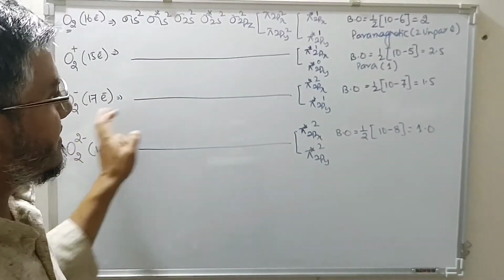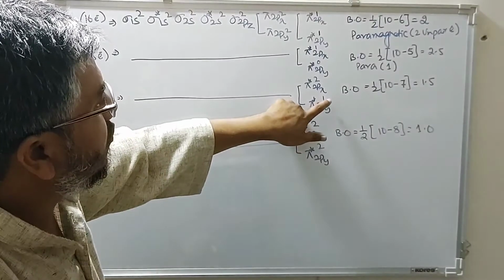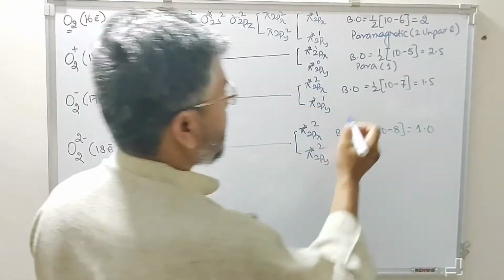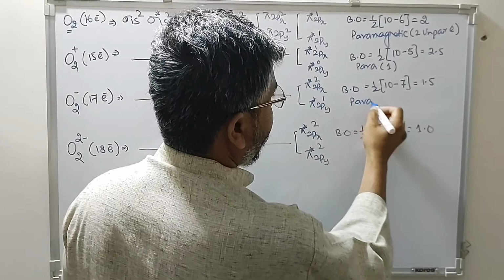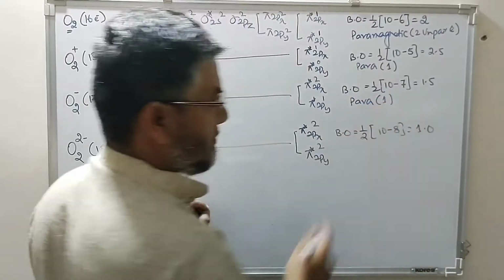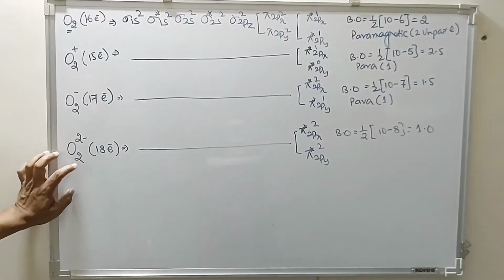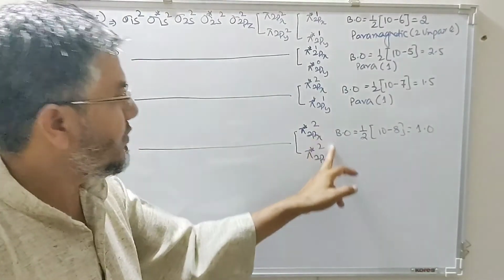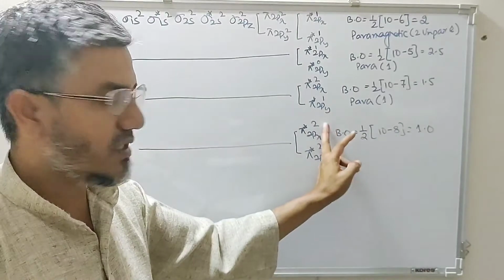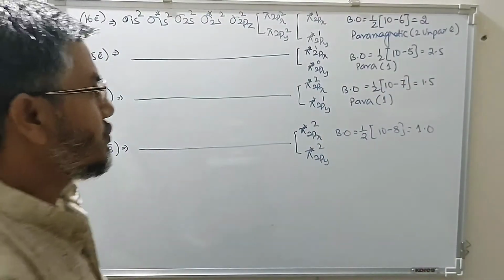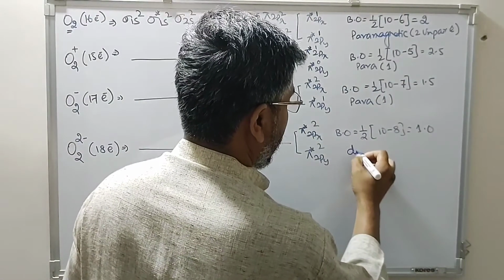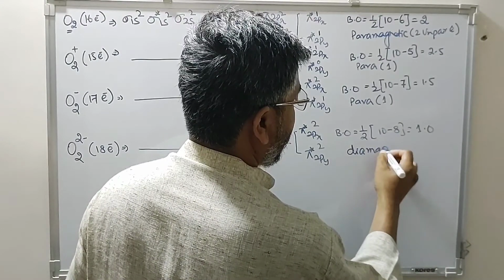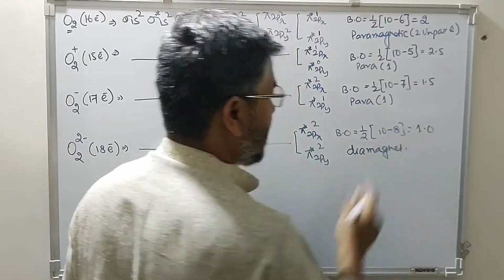O2 minus still contains one unpaired electron, so again this is paramagnetic due to the presence of one unpaired electron. O2 2-, there are no unpaired electrons, all the electrons are completely paired up, so this will show diamagnetic property.